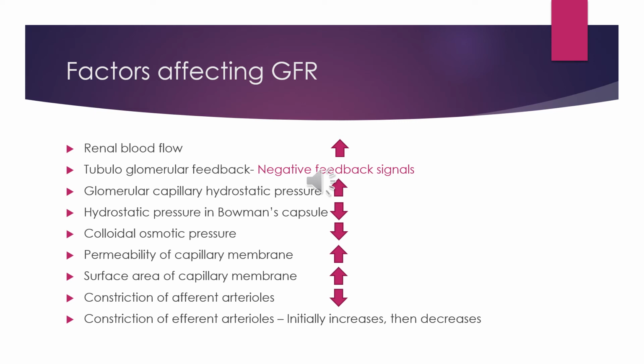No more chances of further filtration are there. And since the efferent arterioles are constricted, the outflow is prevented, so there will not be any replacement of fresh blood. So gradually it results in the reduction in GFR.